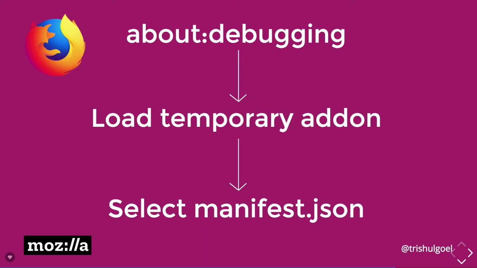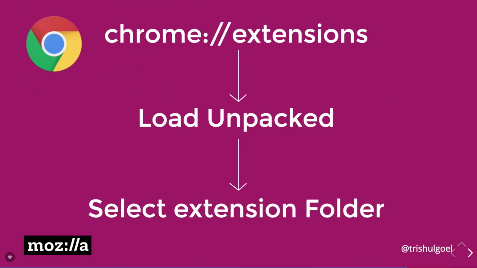There is something called about:debugging. You can load your temporary add-on using your manifest file. Similarly on Chrome, you can go to extensions, load unpacked, and select the extension folder. In Firefox you have to select the manifest JSON file. In Chrome you have to select the complete folder.